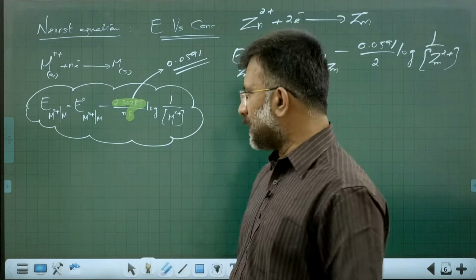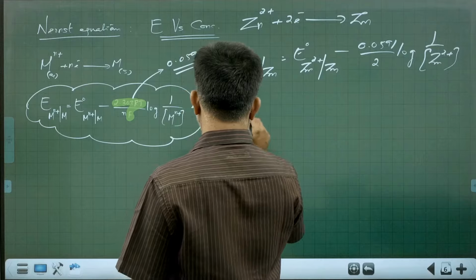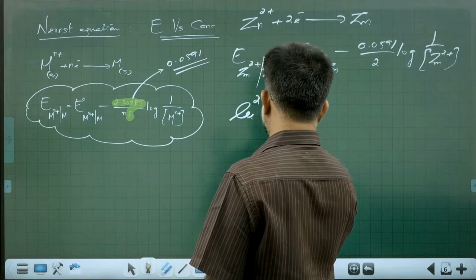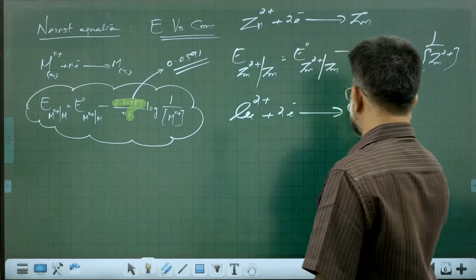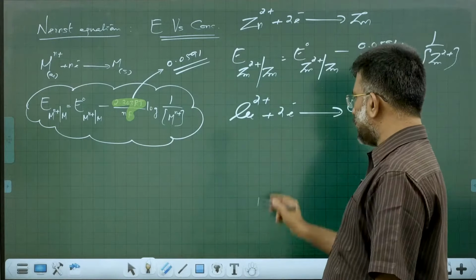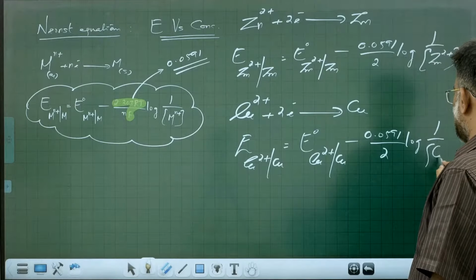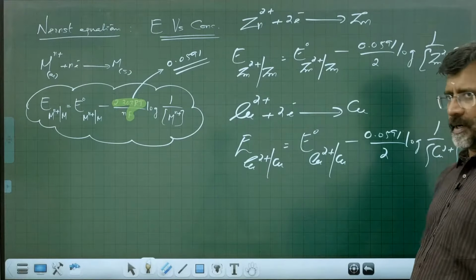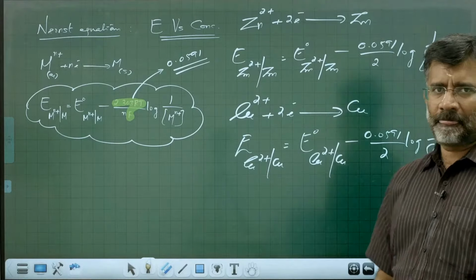What about the copper electrode? Cu2+ plus 2 electrons giving Cu. How do we write the Nernst equation? E(Cu2+/Cu) equal to E°(Cu2+/Cu) minus 0.0591/2 log 1 by the Cu2+ concentration.